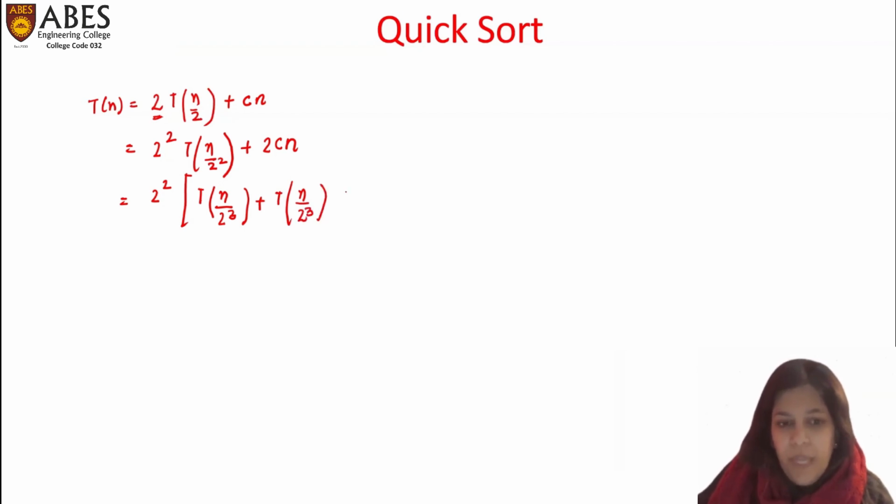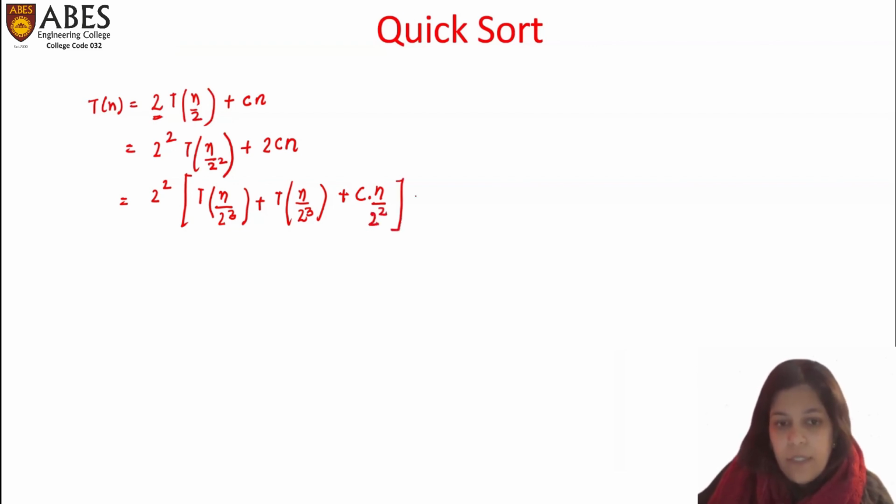And then the total time required to put the pivot at its appropriate position will be C into the total number of elements that we have, which was n upon 4, that is n upon 2 square.